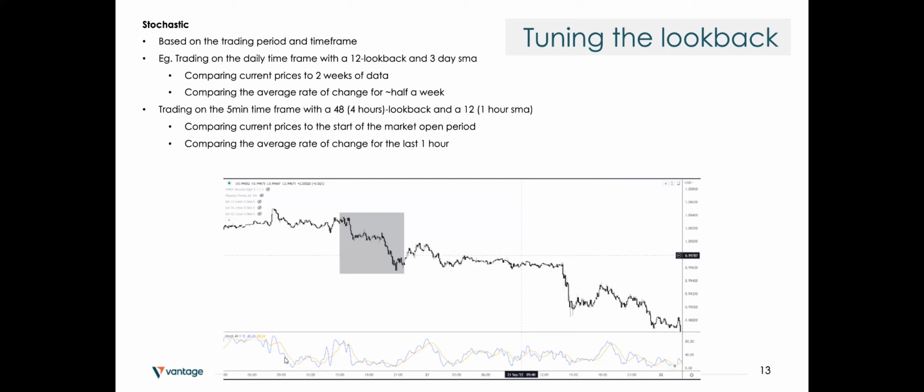Given an appropriate K value, rarely will you see a prolonged period of the stochastics at a single value. It usually oscillates between 0 to 100, 0 to 100.